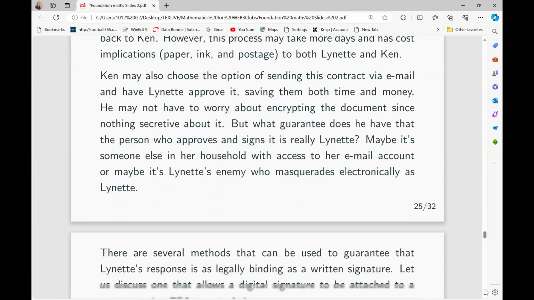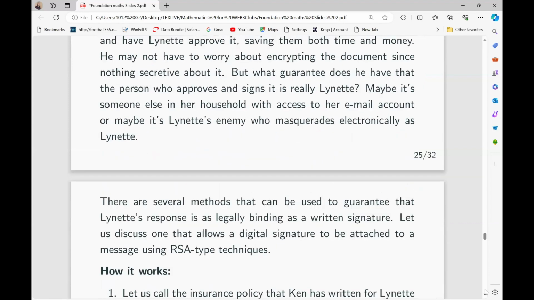So the only way to guarantee that the person who signed this is Lynette is now the RSA technique that we are supposed to learn. This is one of the techniques of signing digital signatures. There are others, and we shall look at them.